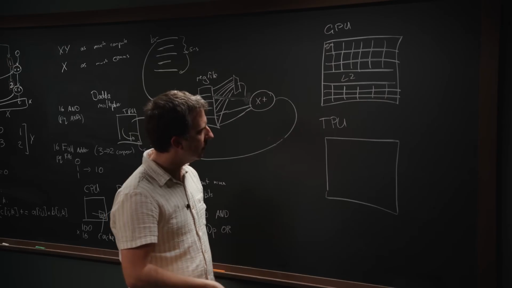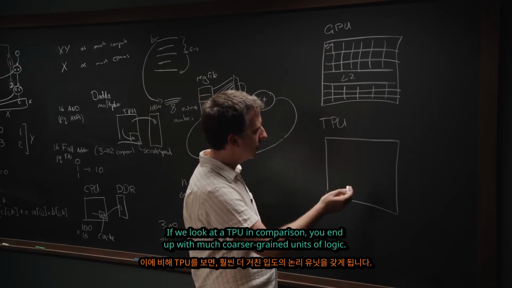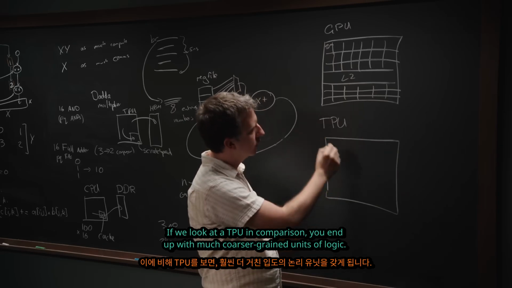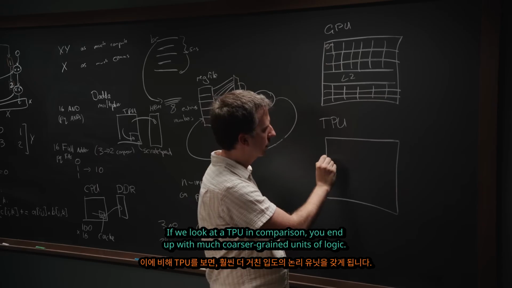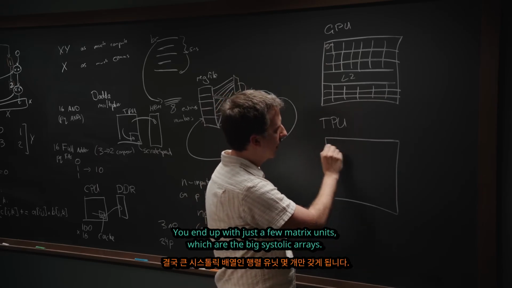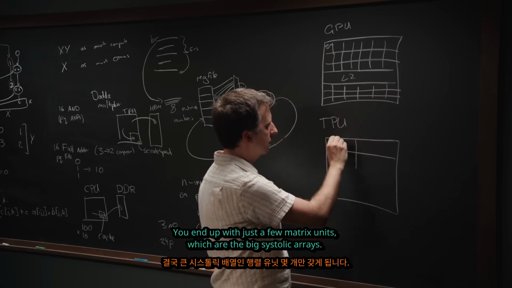If we look at a TPU in comparison, you end up with much coarser-grained units of logic, something like just a few matrix units.